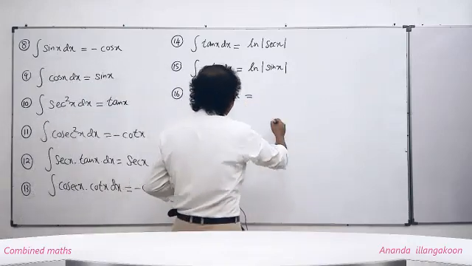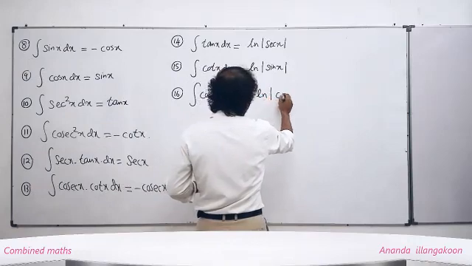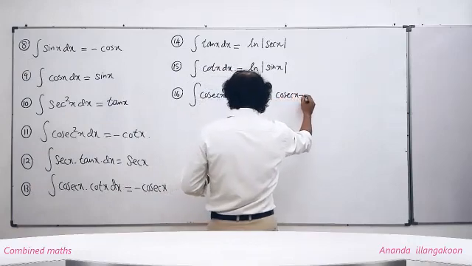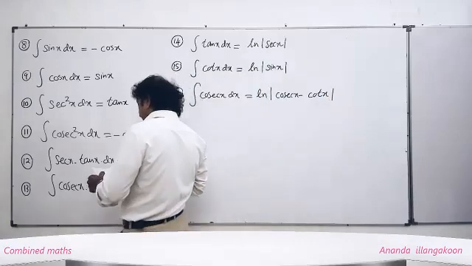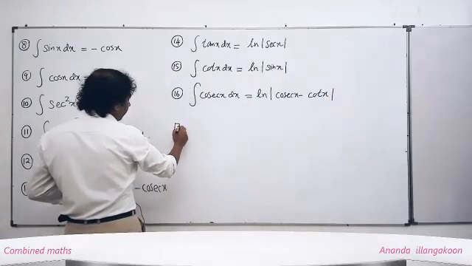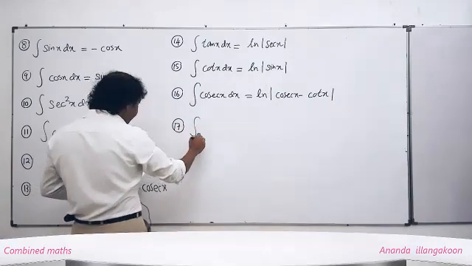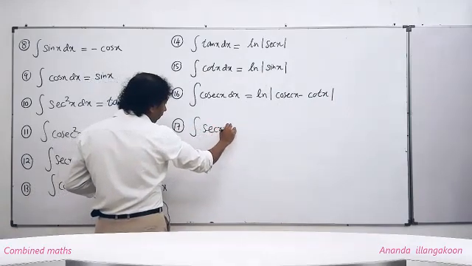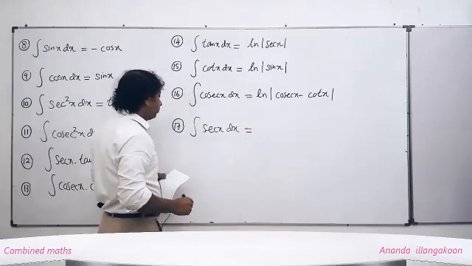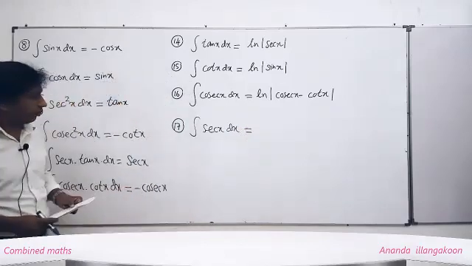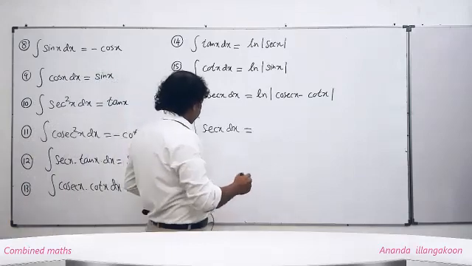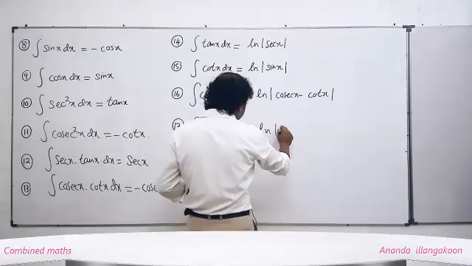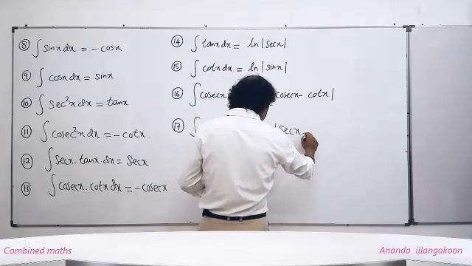Integration of cosec x is ln modulus cosec x minus cot x. Number 17, integration of sec x. This is, people, ln modulus sec x plus tan x.